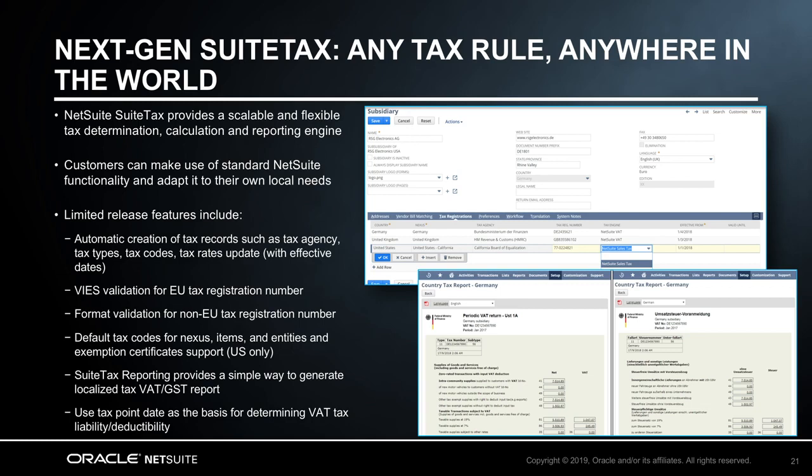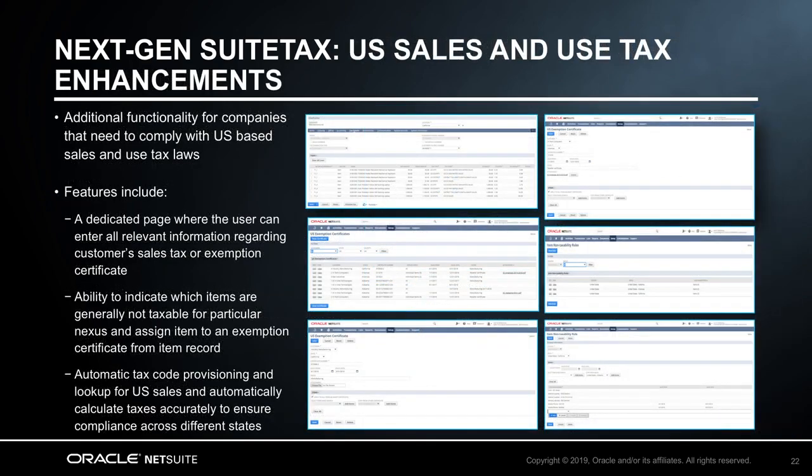All taxable transactions in SuiteTax now include the new date field, tax point date, that drives the tax determination and reporting, which is a key requirement in markets like Germany and France. SuiteTax has added additional functionality for companies that need to comply with U.S.-based tax laws specifically related to sales and use tax.